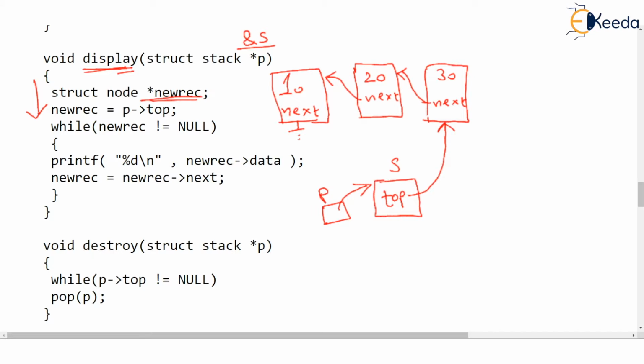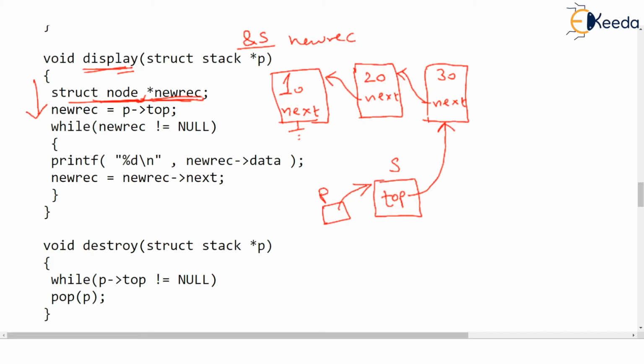I could have used a small name like pointer A or pointer B. Anyway, newrec is the pointer, and newrec can point to a node. It's declared as a node pointer. But right now it isn't pointing to any node because we have not asked it to.